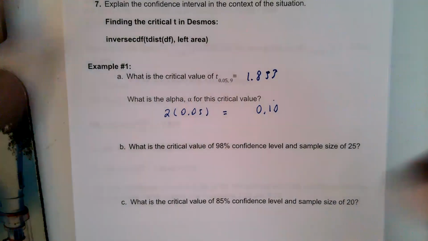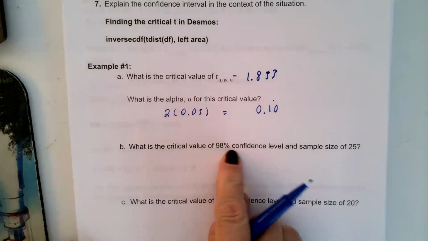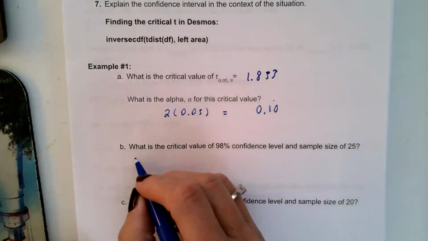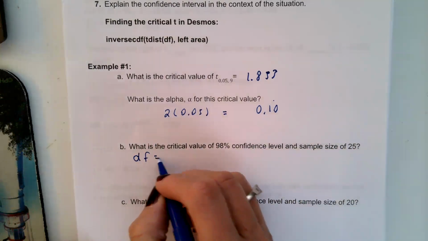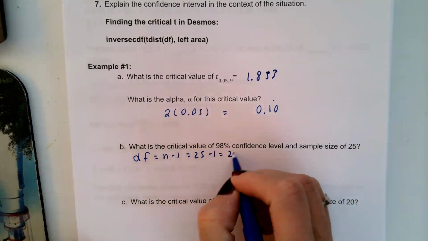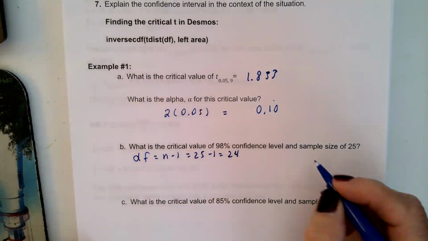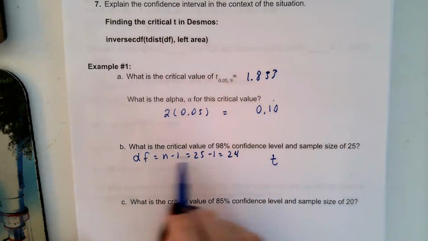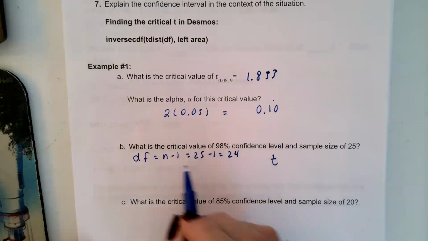Okay, letter B says, what is the critical value of 98% confidence level in a sample size of 25? So degrees of freedom equals n minus 1, which is 25 minus 1, so our degrees of freedom is 24. So we're looking for T of, and then we have to get our alpha divided by 2.